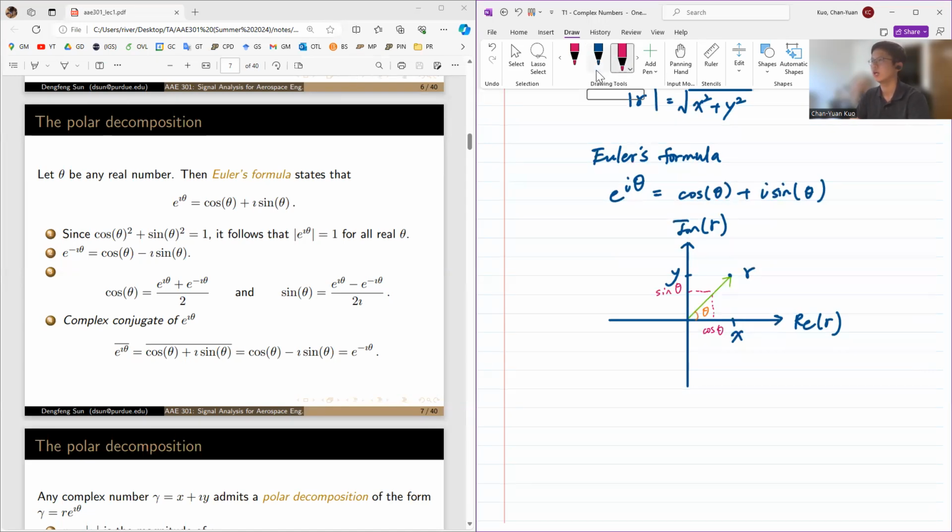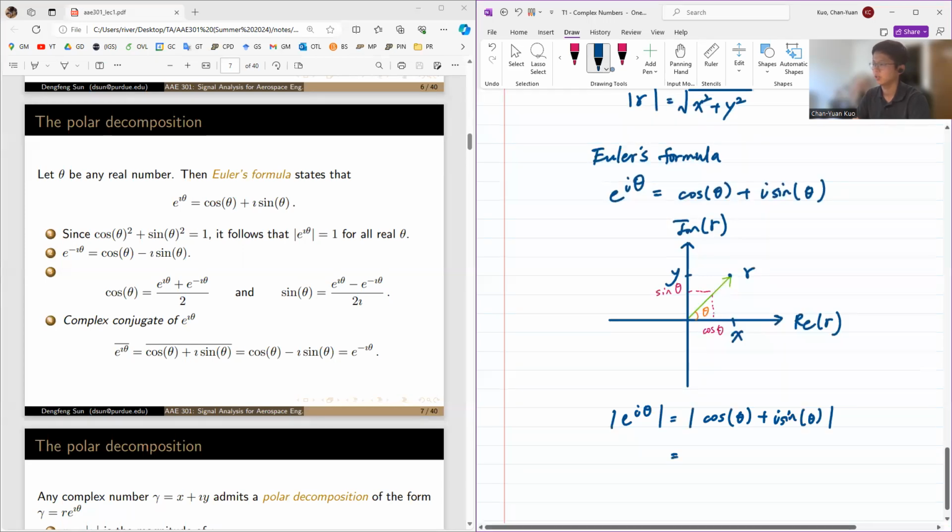And now let's see why this is a unit vector, basically saying that the magnitude of this complex number is equal to 1. So let's look at the magnitude of this complex number. We have e to the i theta equals cosine theta plus i sine theta. This is the real part, and this is the imaginary part.